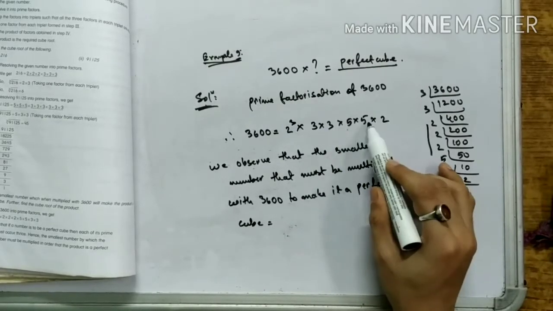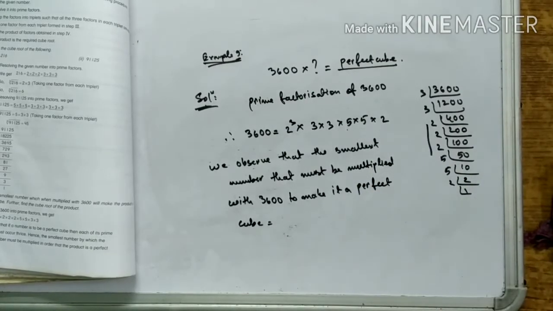Again there are two 5s, again one 5 I need to make the group of 3.